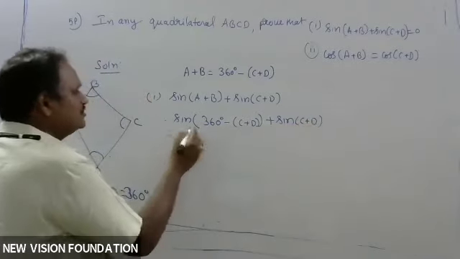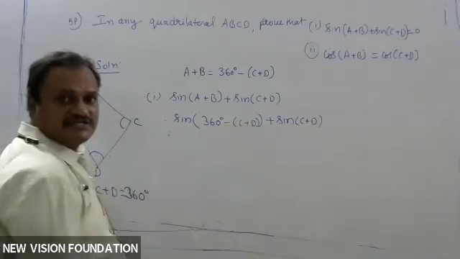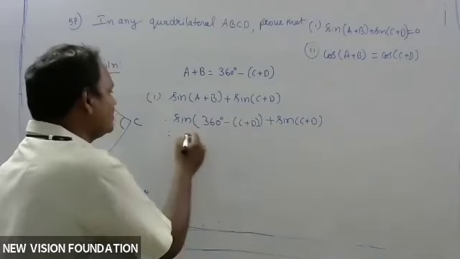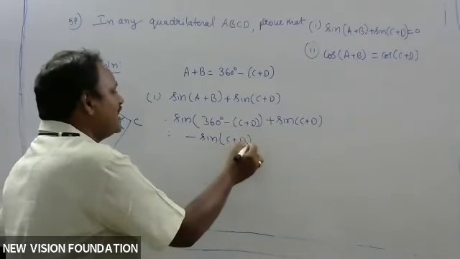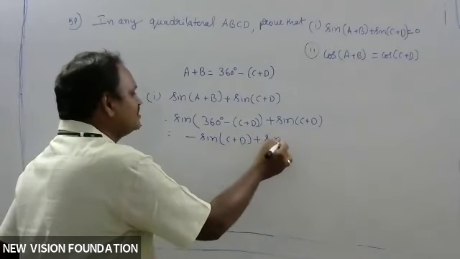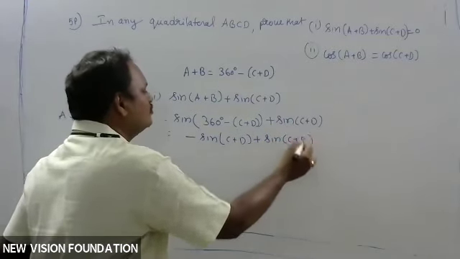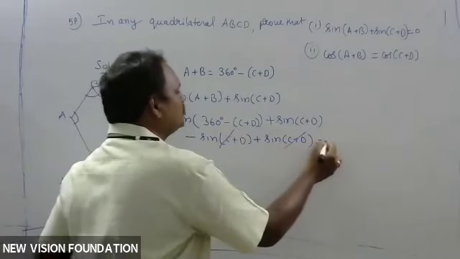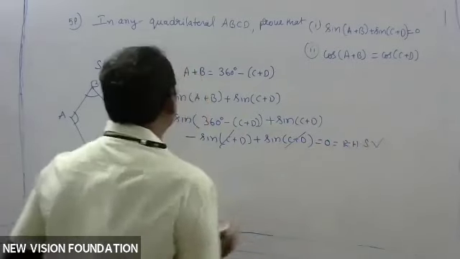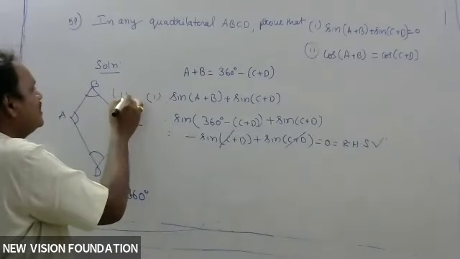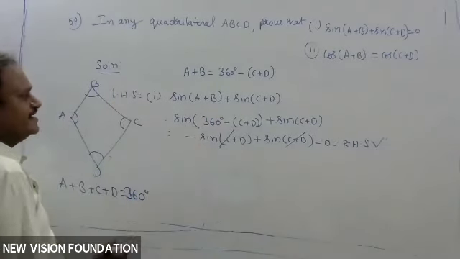Now, this becomes sin of 360 degrees minus theta. It is in the fourth quadrant, and this is now minus sin of C plus D and plus sin of C plus D. And this cancels and becomes 0. That means we have got the first result. You have taken the left hand side and then you got the right hand side part.